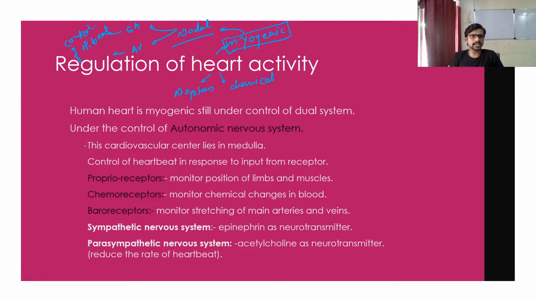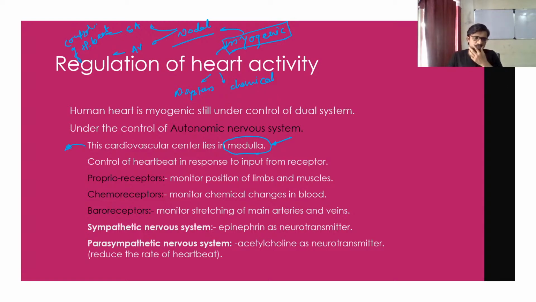So this is the cardiovascular center. The autonomic nervous system, or the nervous system, has its cardiovascular center in the part of the brain we call the medulla. It is part of the brain stem, along with the pons, and there are also the hypothalamus and thalamus.